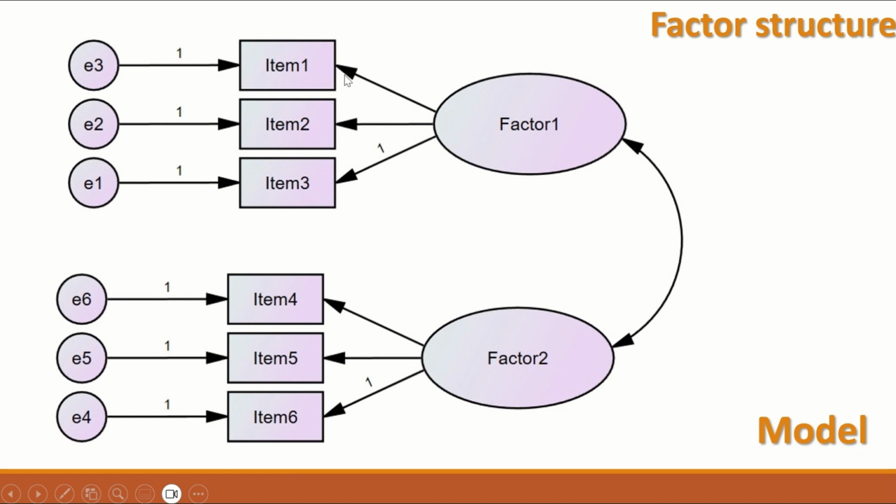So there is a loading for each item to that factor. This is the structure of the model that can be proposed or hypothesized or determined by the EFA to be tested in the confirmatory factor analysis.